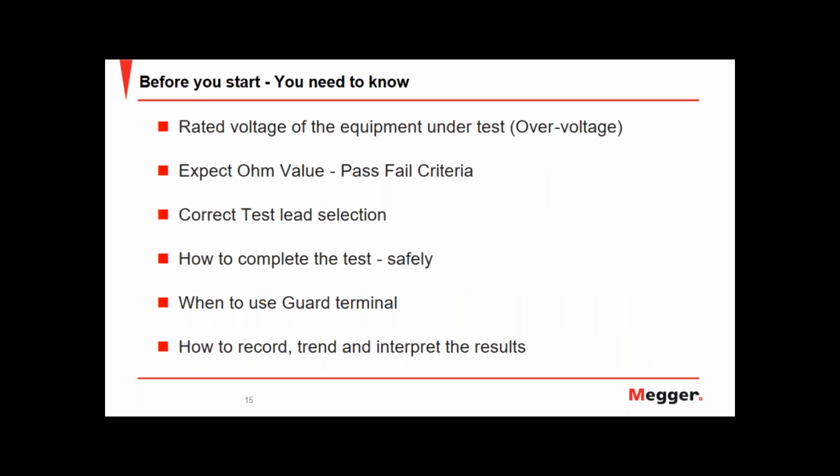So, before you start doing your tests, you need to know a little bit about the product that you're actually testing. So, what is the rated voltage of the equipment, or the cable, for example? What you would expect to see as a pass or as a fail for the applied test. So, it's pass-fail criteria, and as mentioned, that can be from a standard. It could also be from an operating procedure from a utility.